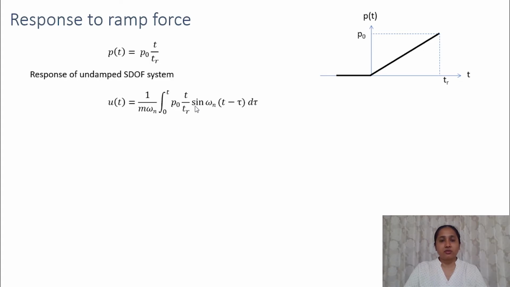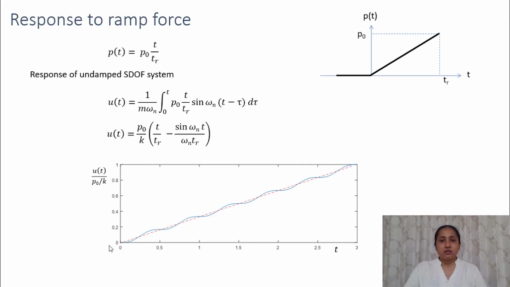If we carry out this integral, we would get the response as p naught by k, that is the static response, times (t by tr minus sin omega n t by omega n tr). So let's plot this. This is the plot for this expression.